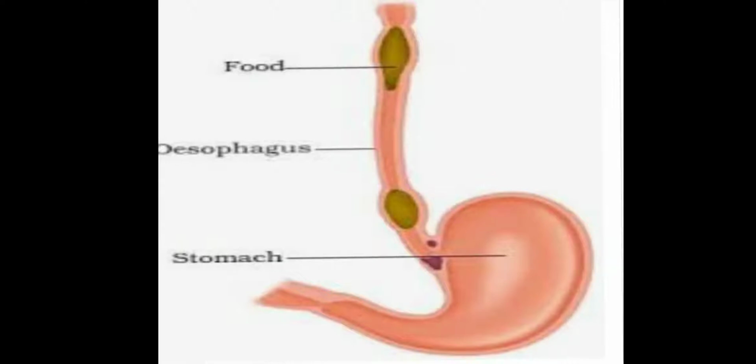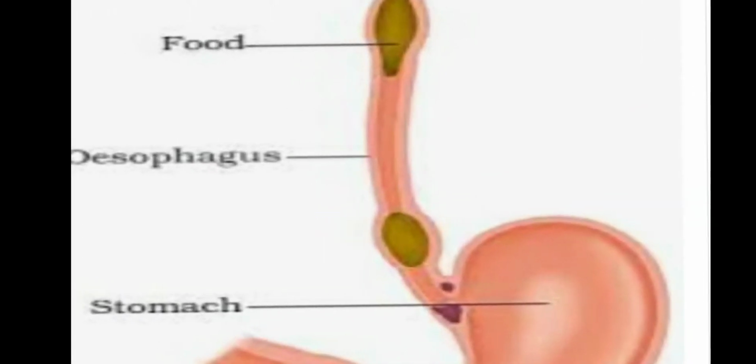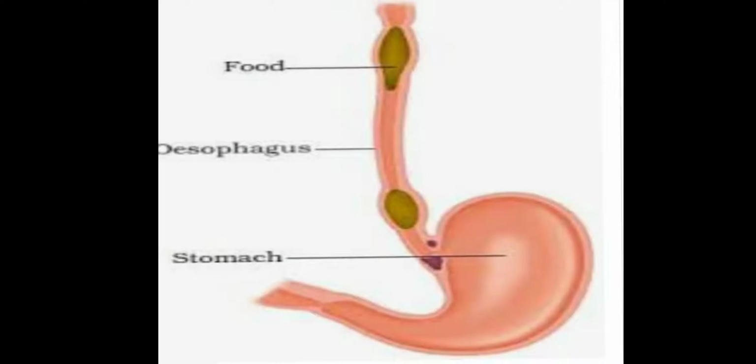It is easy to swallow this moist, soft ball. In this way, the food passes from your mouth to the stomach. This food passes through the throat into the esophagus.